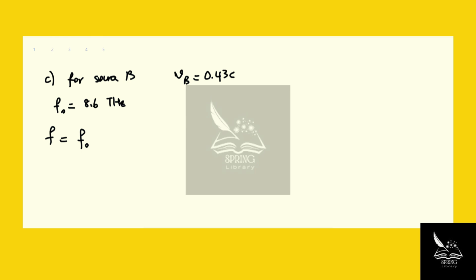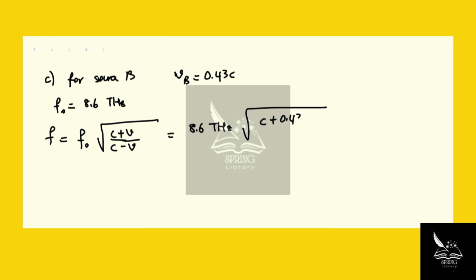What happens when we assume that it's moving towards the detector is that the shape of our equation is going to be different this time. This time we are adding c to v, and then in the denominator we're subtracting. Now, 8.6 terahertz times the square root of (c plus 0.43c) over (c minus 0.43c).